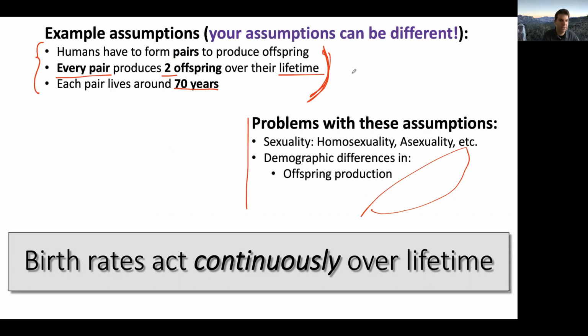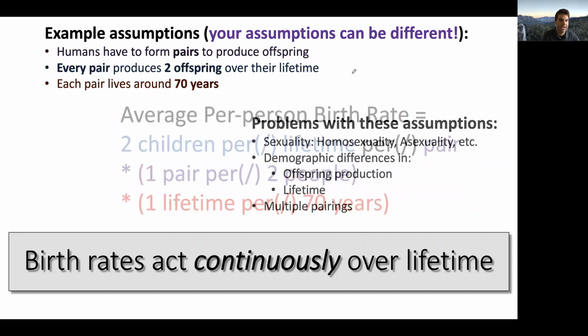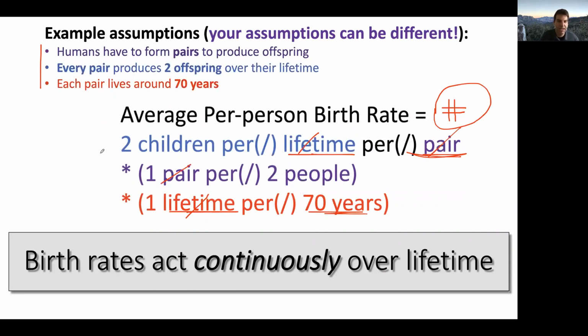But when I go down through the parameters, I have 2 children per lifetime per pair. Well, that's not in the right unit. So I need to convert pair into people. If I multiply this number up here by this one down here, then I can convert this pair into per person because I know that one pair is 2 people.